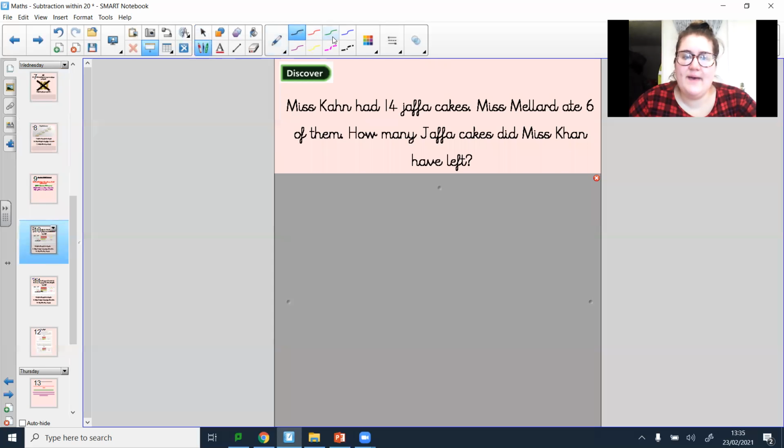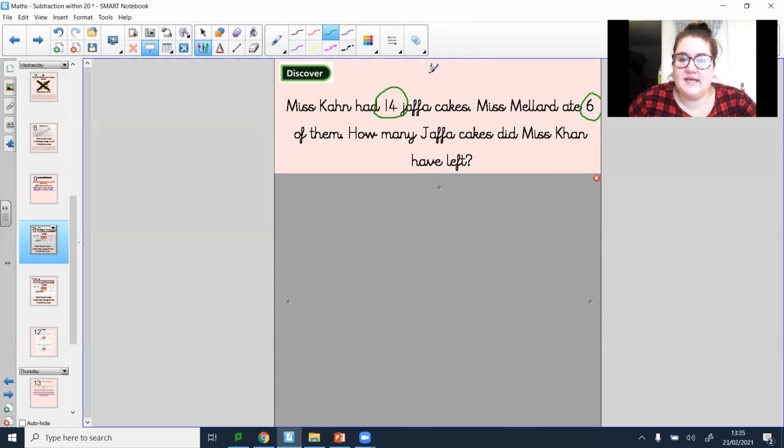So let's get our pen and underline that important information. Miss Khan had 14 Jaffa cakes. I'm going to circle it actually. Miss Khan had 14 and Miss Mellard came along and ate 6 of them.